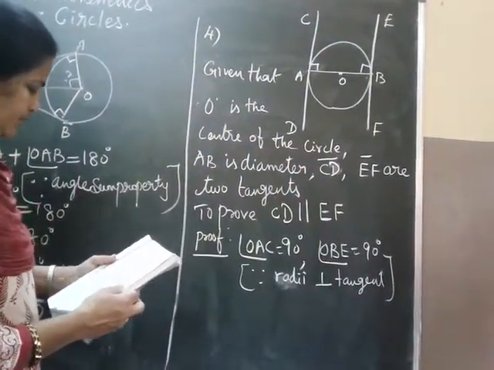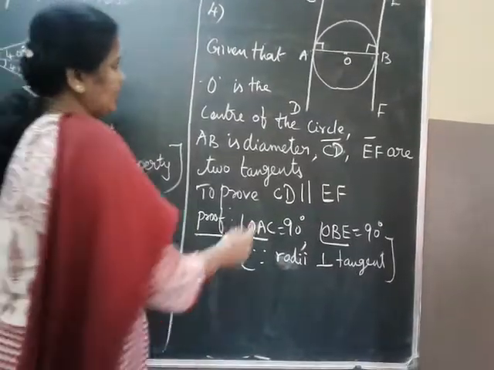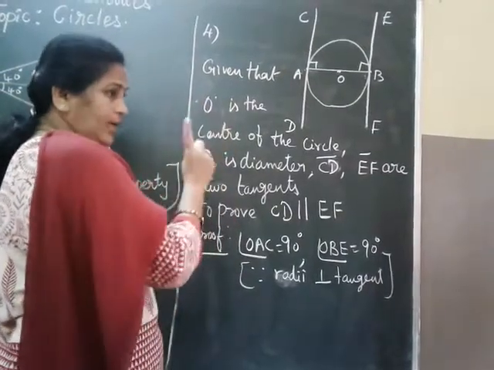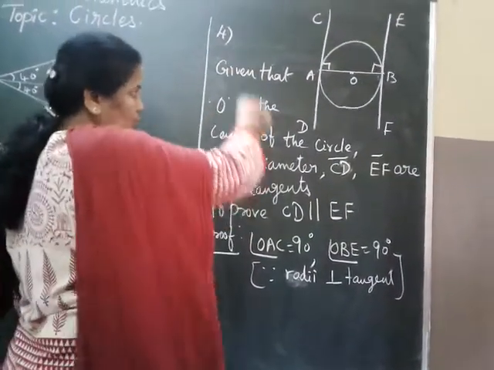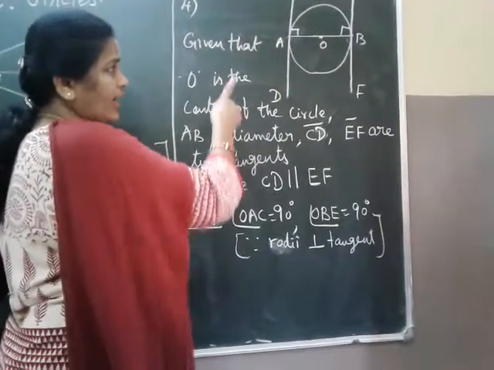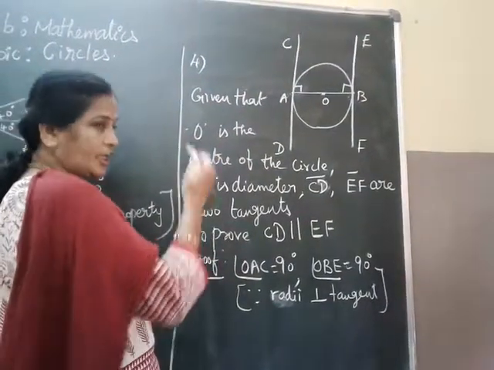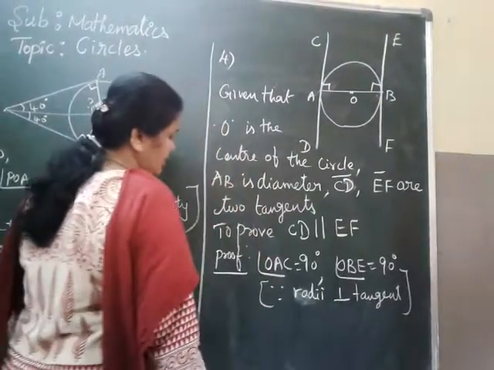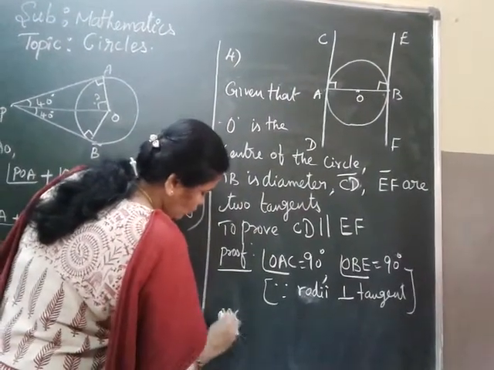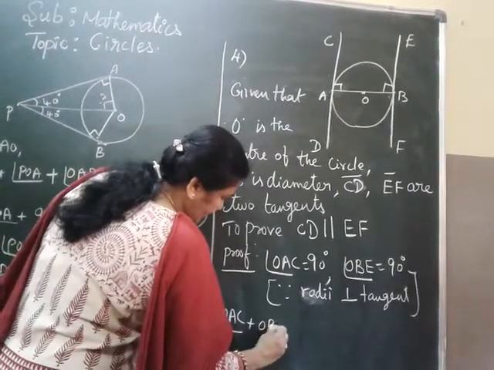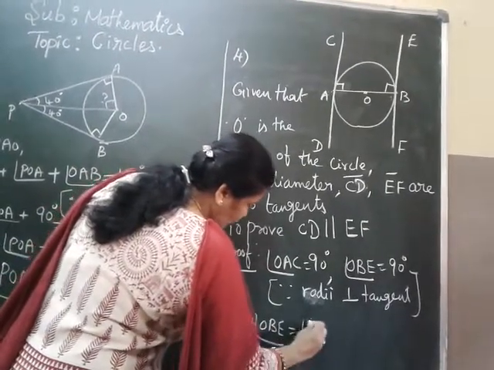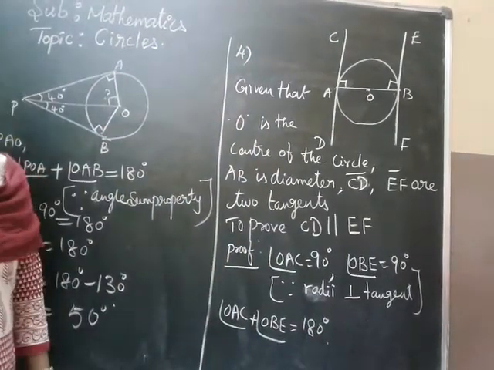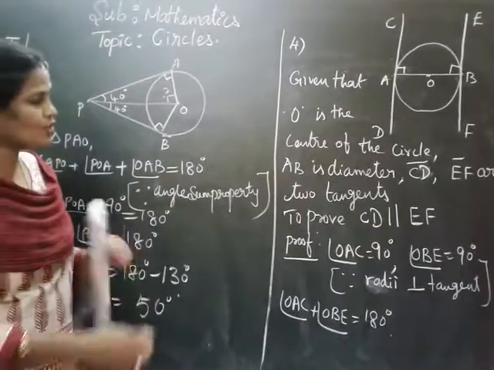The next one: these two are not yet shown to be parallel, we want to prove the parallel. Both angles are formed inside the two lines. So if you add these two, OAC plus OBE, we will get 180 degrees. What do you remember, children? Proposition 6. What is proposition 6?